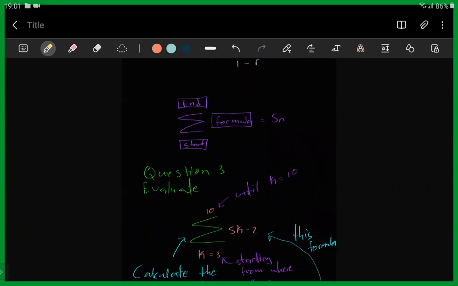My question is, why don't they write k equals 10 there instead of writing 10? Because it just works hand in hand. The moment they put k is equal to 3 here, this automatically means that k has to end at 10. They don't have to put k equal to 10 up there, because this number is linked to what's down here already.